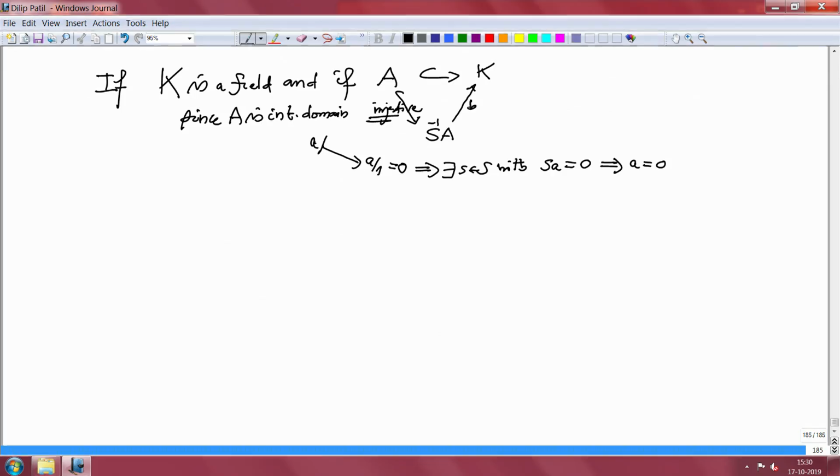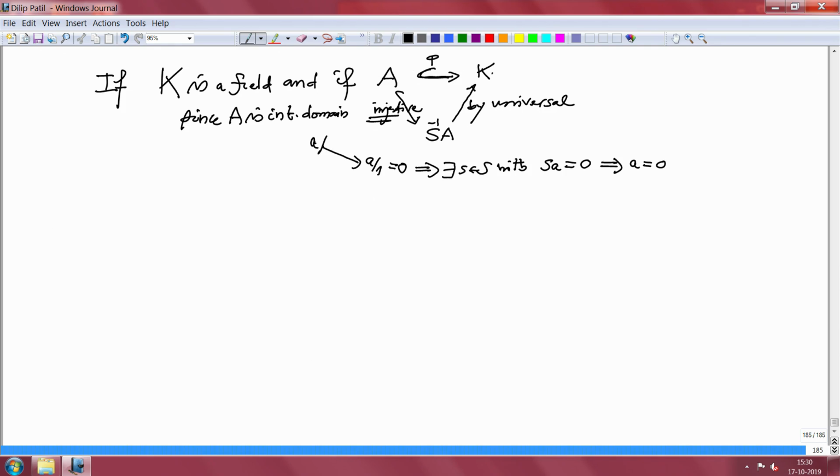Now, I want to use the universal property to show that there is a map here. To check that, I need to check that all elements of S under this map, this is our phi, are invertible. All elements of S under this map are invertible because this is an injective map.